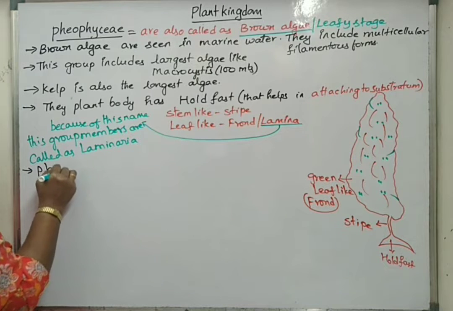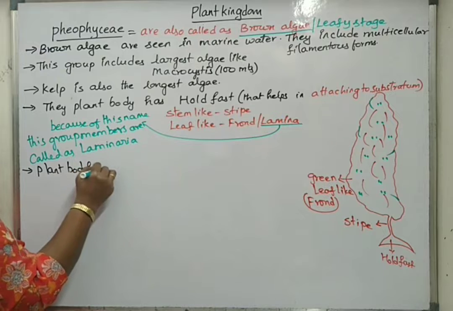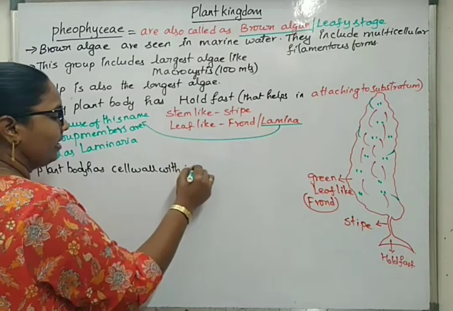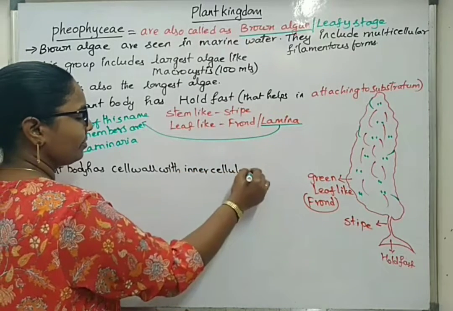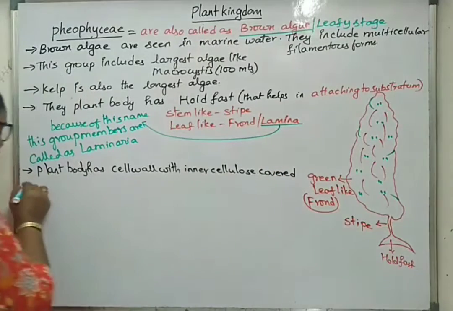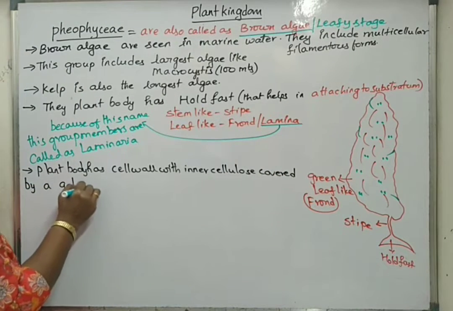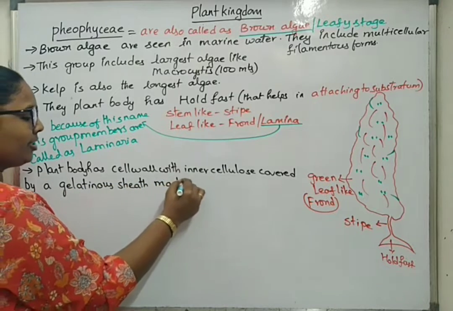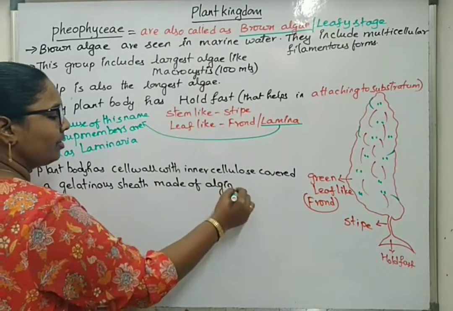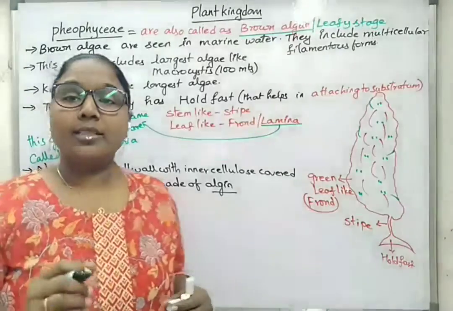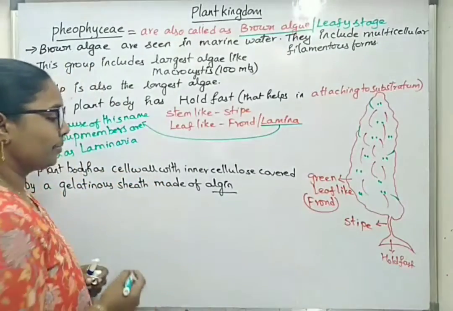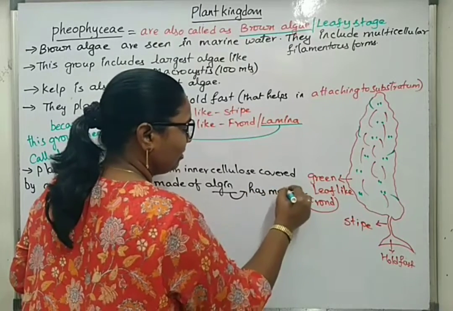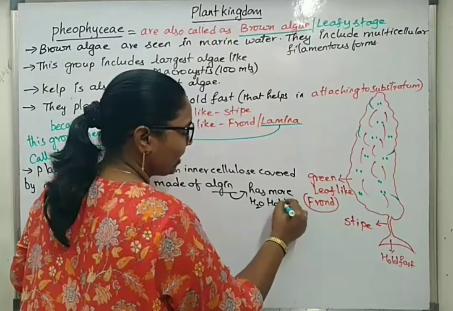Plant body has cell wall with inner cellulose covered by a gelatinous sheath made of algin. Now, what is algin? Algin is a substance that has high water holding capacity.